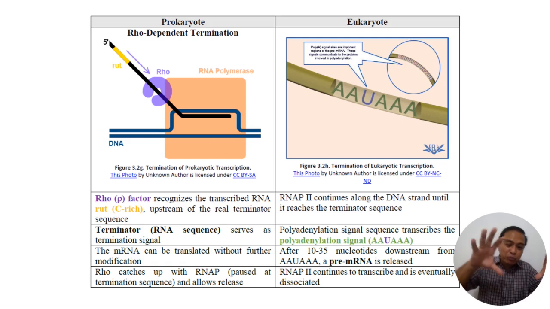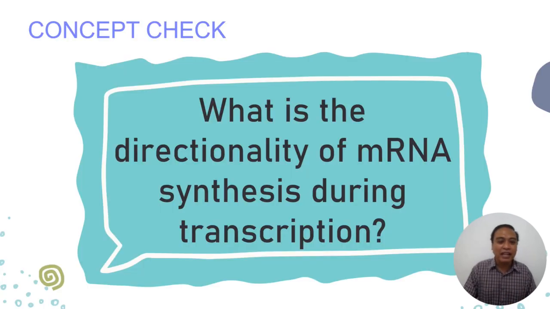So it will continue on producing the mRNA until it reaches the termination sequence, and then it will eventually be dissociated, and that will stop the eukaryotic transcription. So the presence of this sequence will be very important for the termination in eukaryotic transcription.